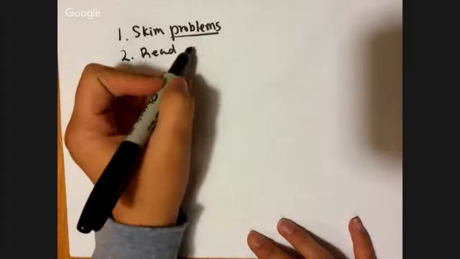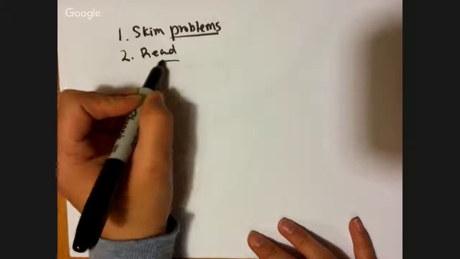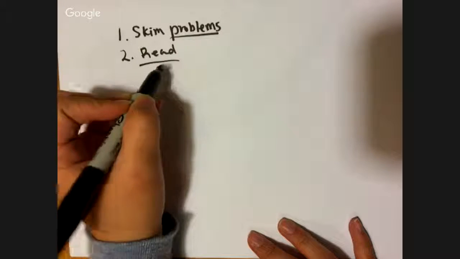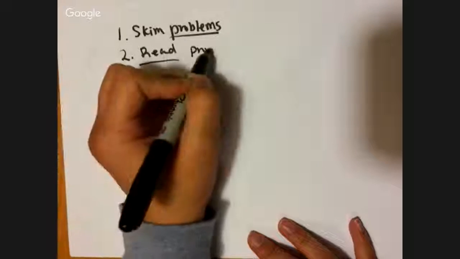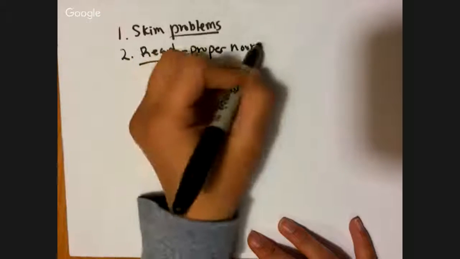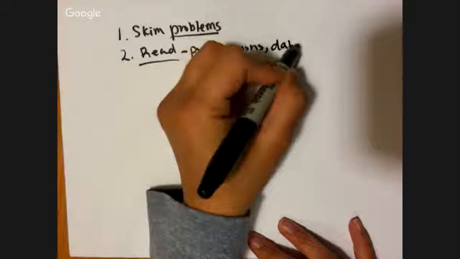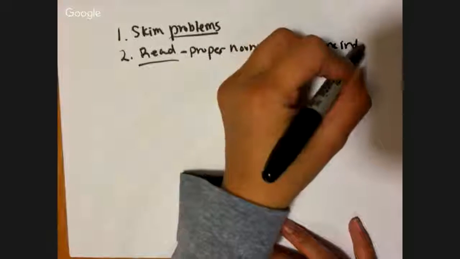What you want to do is underline key information: proper nouns, dates, time indicators.